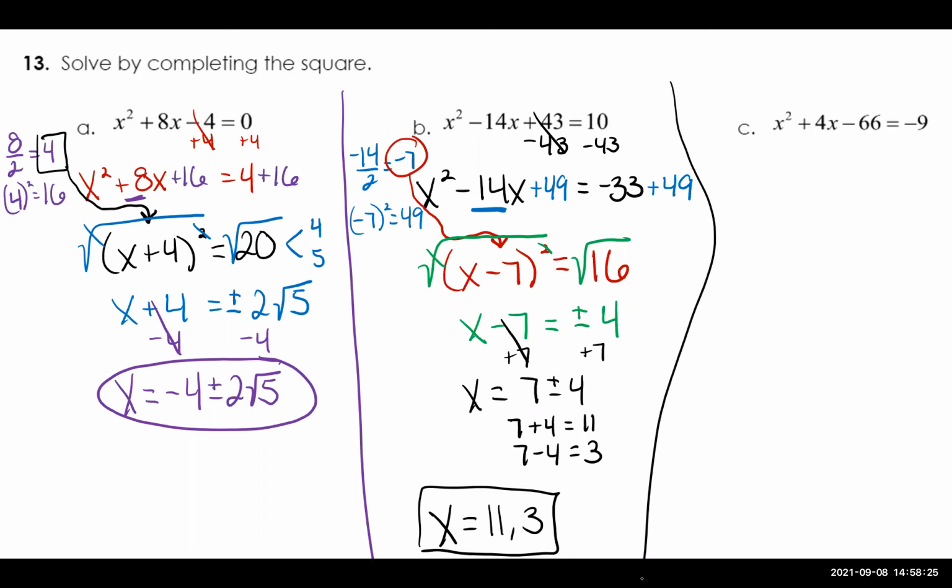Okay, part C. Part C, very similar. I'm going to move all my constants to the right side. So I'm going to add 66 to both sides. So I have x squared plus 4x equals positive 57.